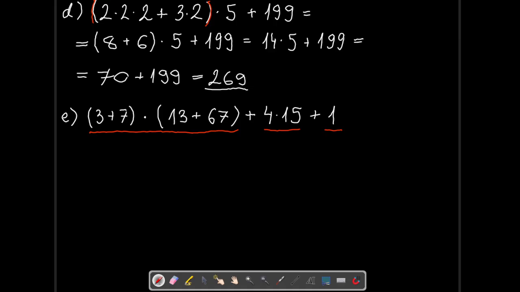So parts are pretty much separated by the addition or subtraction, sorry. So we can do each part on its own. But yeah, in the first part, we need to solve the brackets first, and inside these brackets is just the addition. So 3 plus 7 is 10, and 13 plus 67 is 80.